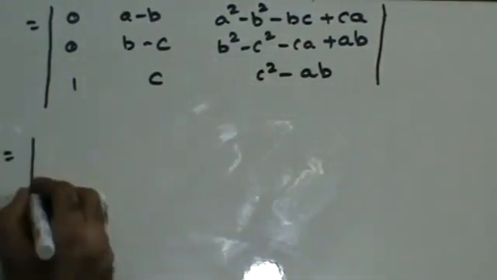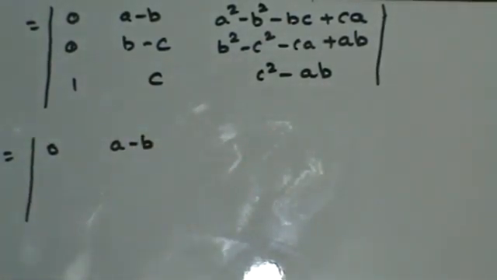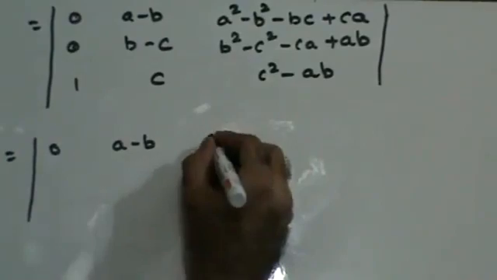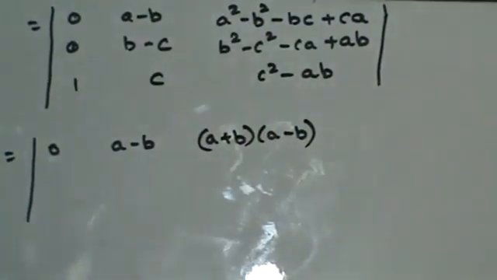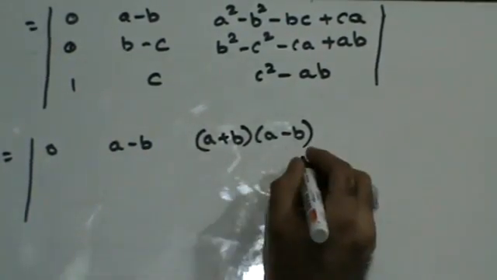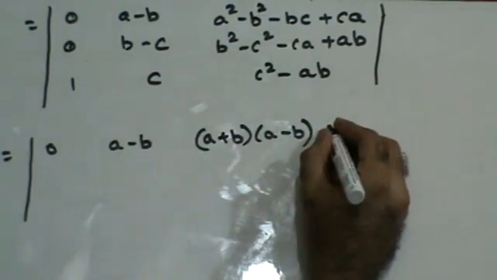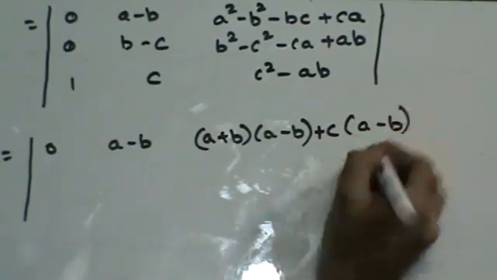Right, now this can be written as 0, a minus b. Now a square minus b square can be written as a plus b, a minus b. Between the third and the fourth term, I could take c common. If I take c common, then this will become a minus b.